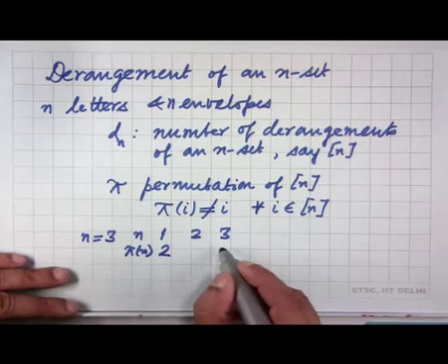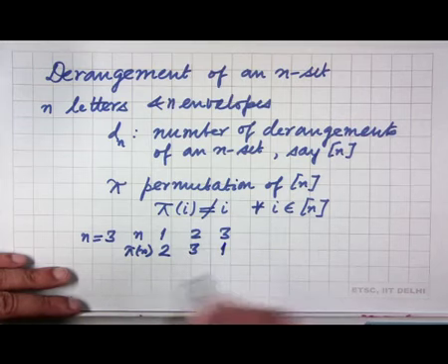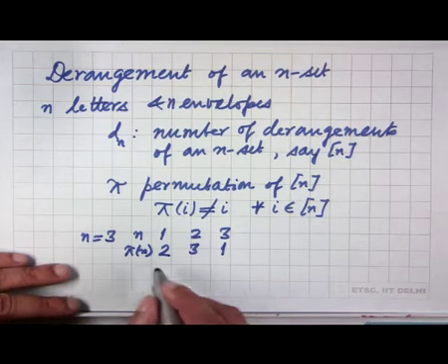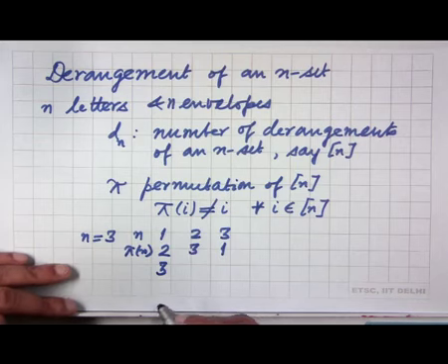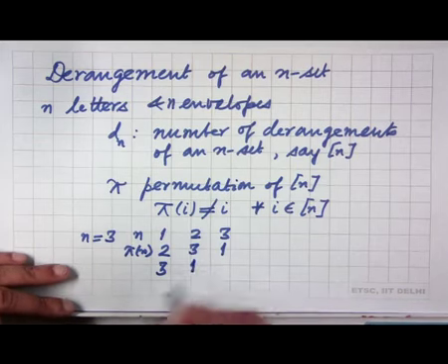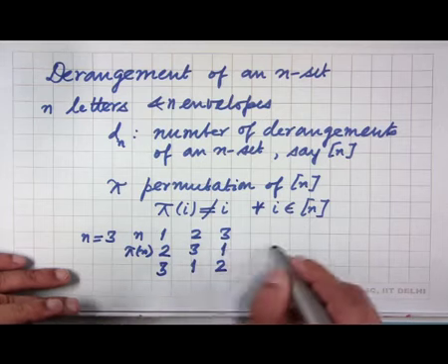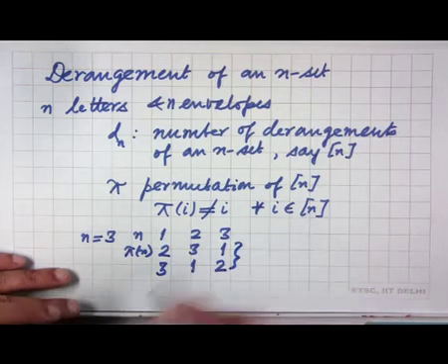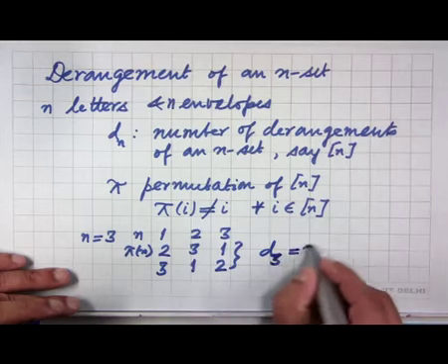Since I can't put 3 under 3, 3 must go under 2, and therefore 1 comes here. Now, I chose to put 2 under 1. I could have put 3 under 1. Then I'm left with 1 and 2 to fill. I can't put 2 here, so I must put 1 here, and that leaves me with 2 there. There is no other possibility to put under 1, because I can't put 1 under 1. So in this particular instance, I have an illustration that d3 is equal to 2.